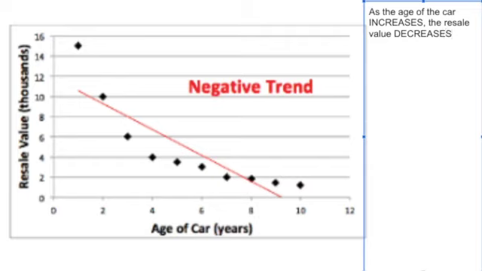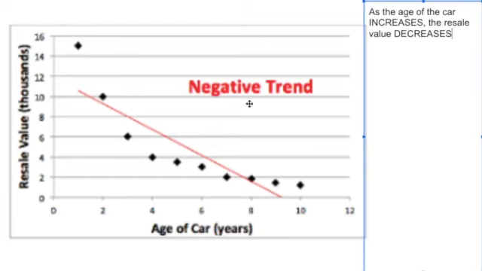So we see that there is a negative trend, because as your car gets older and older, you can sell it for less and less. And that's true for most cars, unless they're collectibles or antiques. Most cars, the older they are, the less money they are worth.